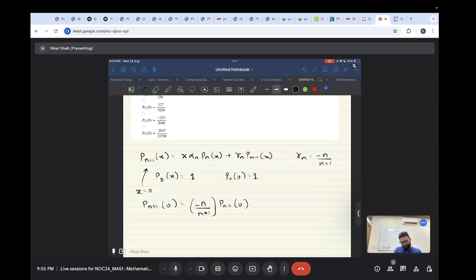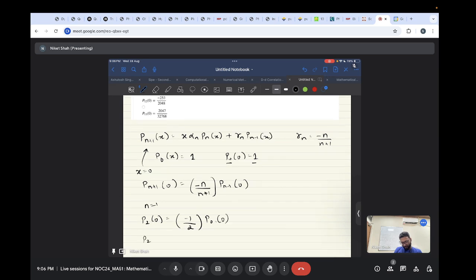So putting in x equal to 0 here, P0 of 0 is 1. So I can directly go to P of n, I put n equal to 1, which gives me P2 of 0 is equal to minus 1 divided by 2 times P0 of 0.